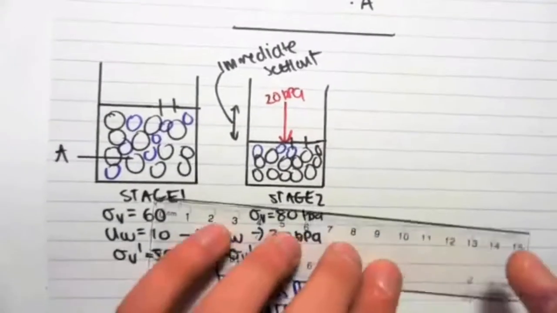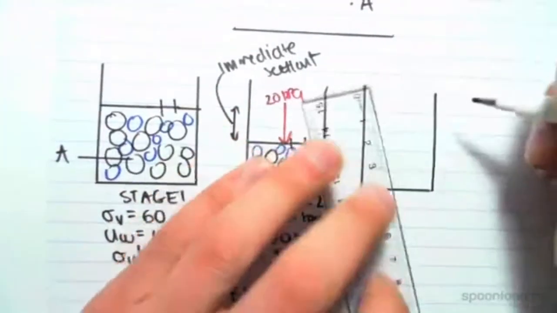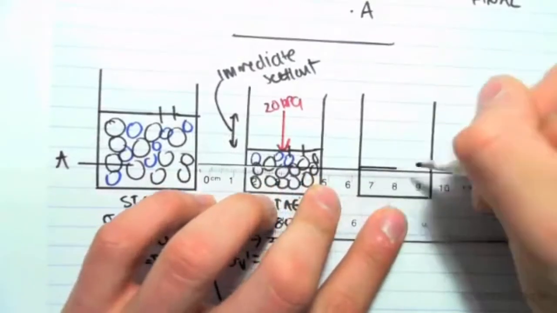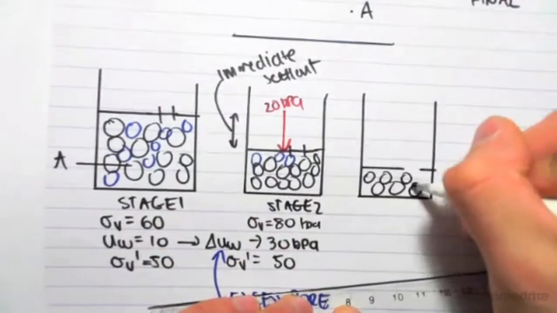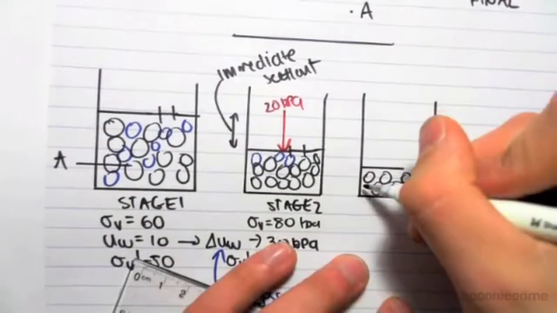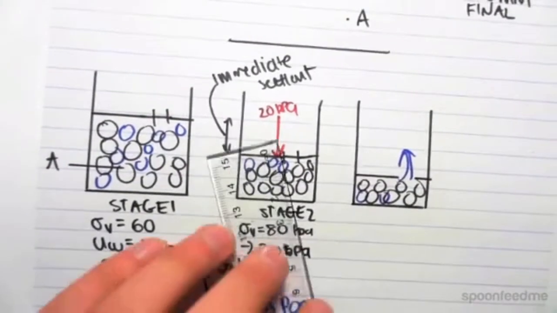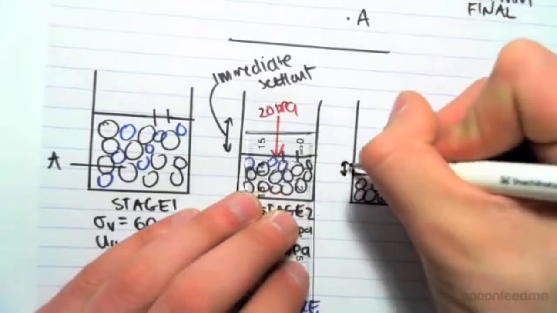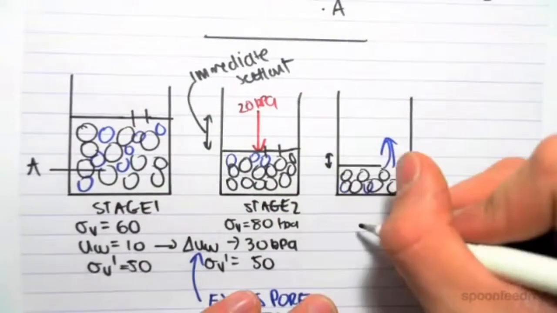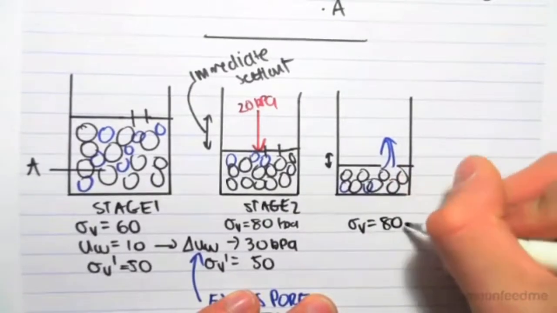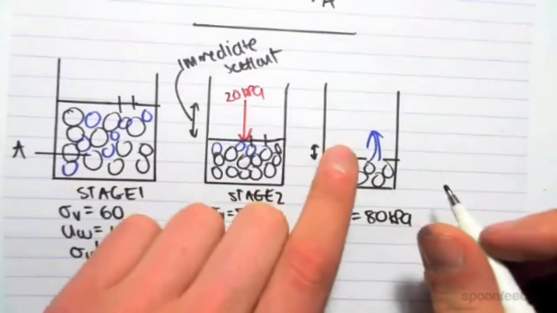But what's going to happen is, over time, we're now going to open up our valve or our tap. So our tap's now open, and the excess pore water pressure is going to start escaping. So this is now going to lower down further as the excess pore water pressure escapes. So let's say at this stage the total stress is still 80 kPa. That does not change throughout the entire process because this load is not changing.